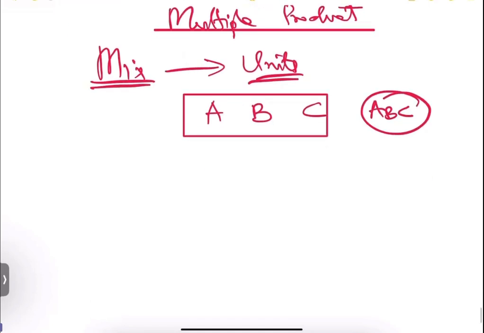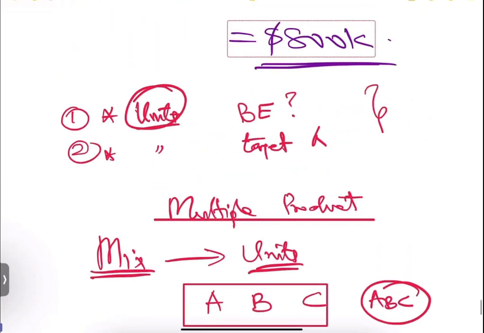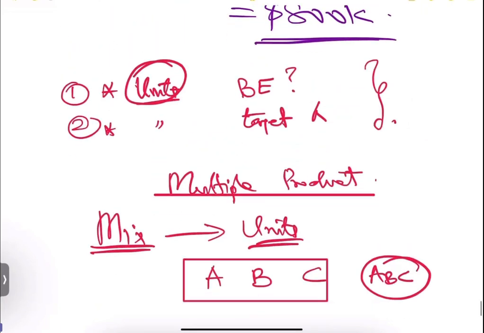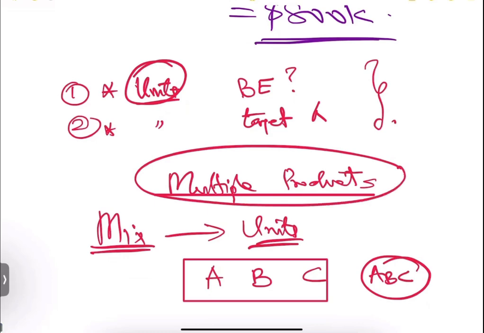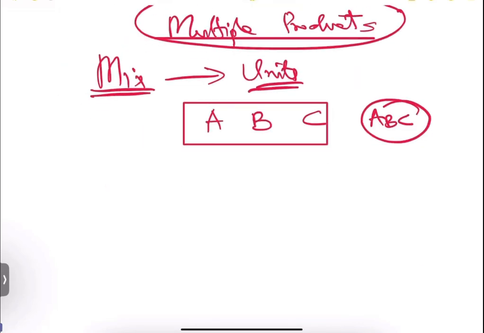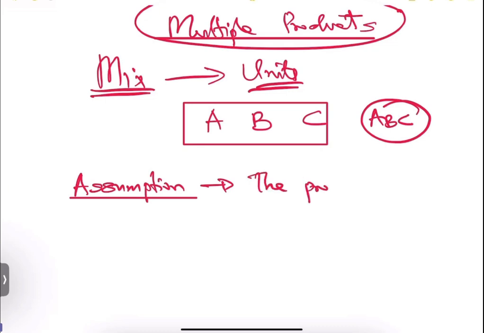So for us to be able to progress and answer these 2 questions for a company that is producing multiple products, we must make some assumptions. The key assumption that we always make is that these 3 products, or multiple products that the company is producing, will always be sold in a constant mix.